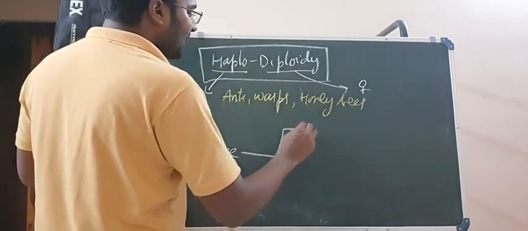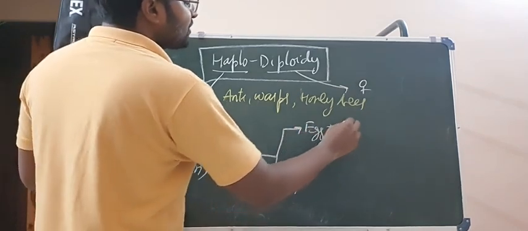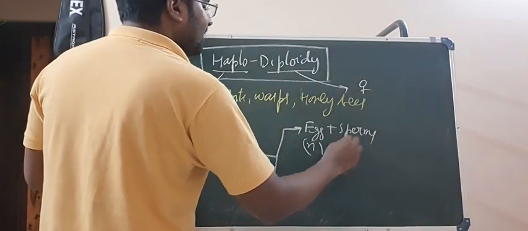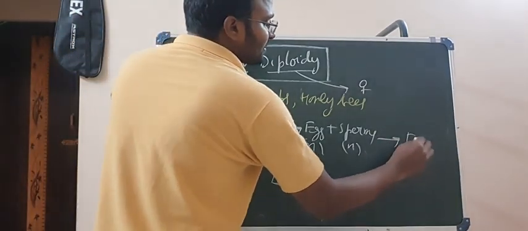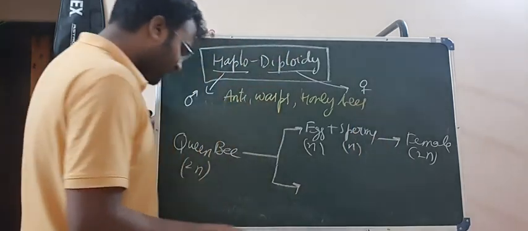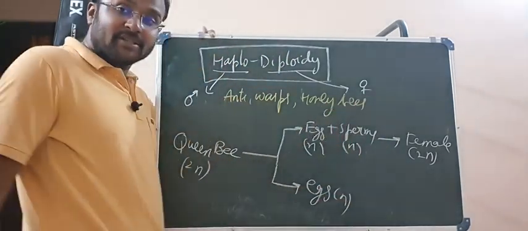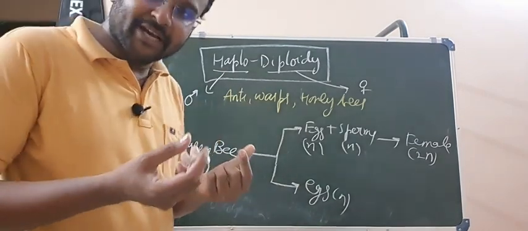It lays eggs actually. So those eggs which are fertilized by sperms, n, they develop into females which are 2n in condition, and those eggs which are not fertilized by the sperms of the male develop into males. In a beehive, different chambers are there.